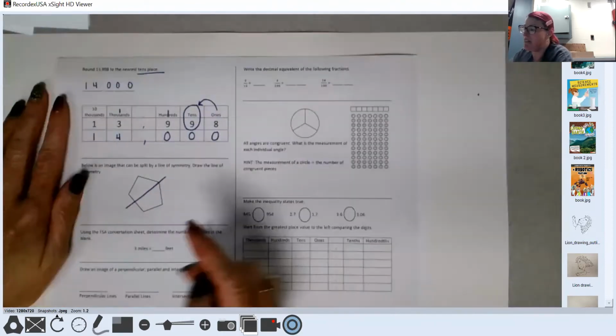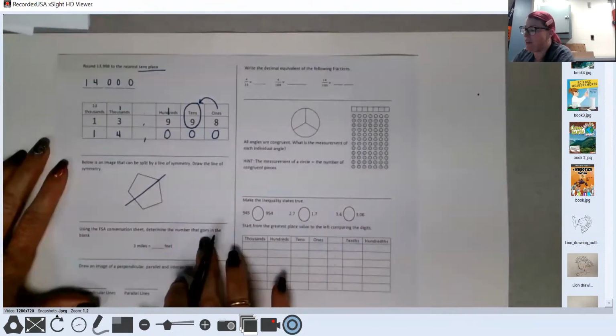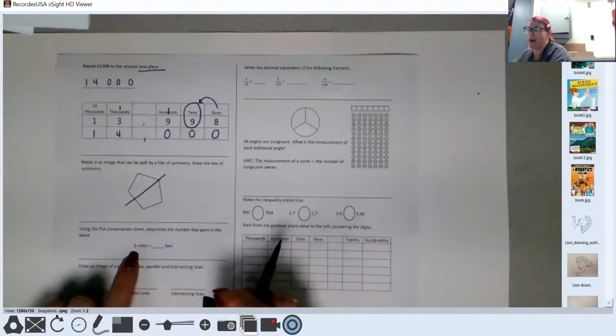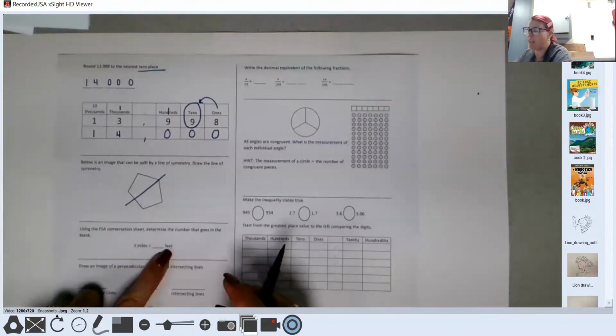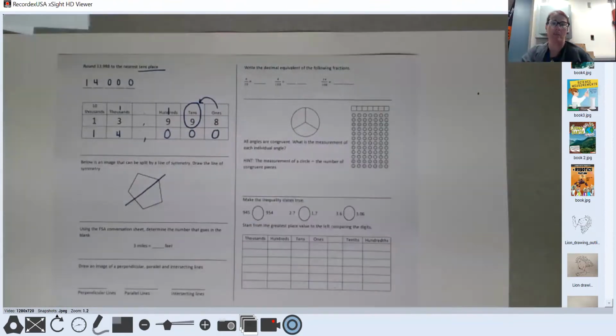Using the FSA conversion sheet, determine the number that goes in the blank. So for 3 miles, how many feet does that equal? So I would need to use my conversion sheet. Let me pull that up from here.